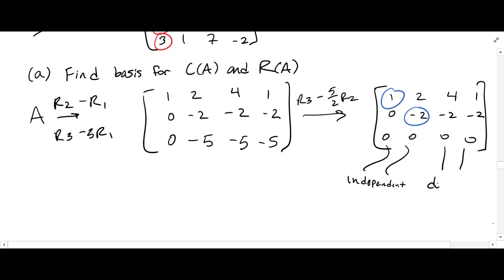Can you explain why? Why those are independent and those are dependent? These first two are independent because they have pivots. Okay. And the last two are dependent because they don't have pivots.